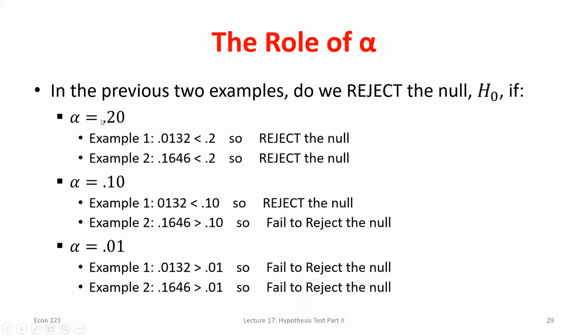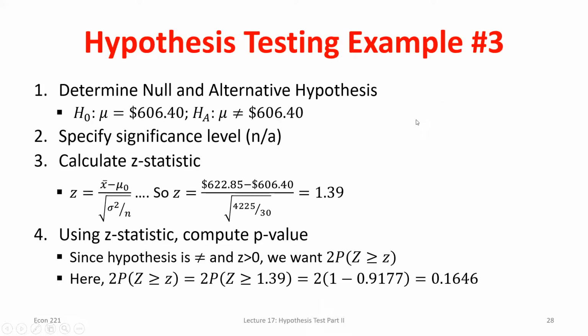So this is kind of a weird one. We usually don't use this, but the 20% significance level, the 10% significance level, and the 1% significance level, which would be 80, 90, and 99% confidence levels. So with 80% confidence, can I reject this null hypothesis? Or can I reject that the true mean is $606?